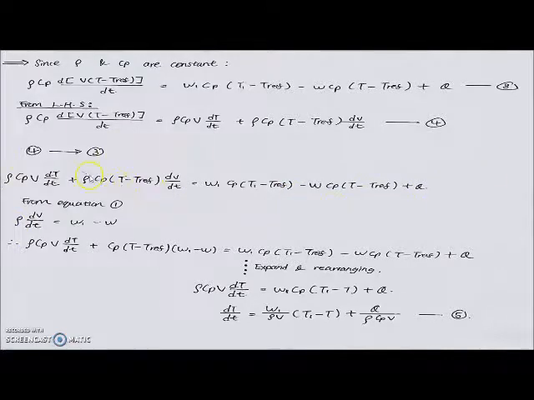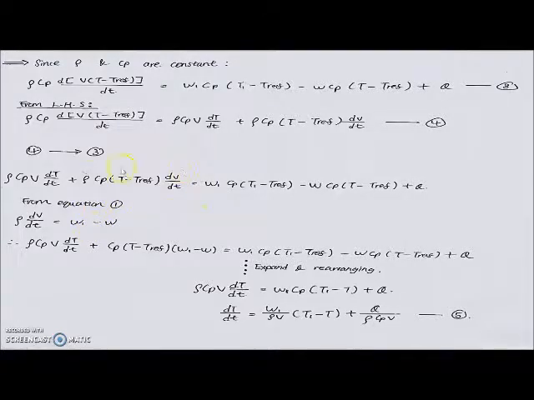From equation 1, we know that rho dV/dt equals W1 minus W. So we substitute it back into this equation to replace the rho and dV/dt here. Can you see the difference? The same thing exactly here.